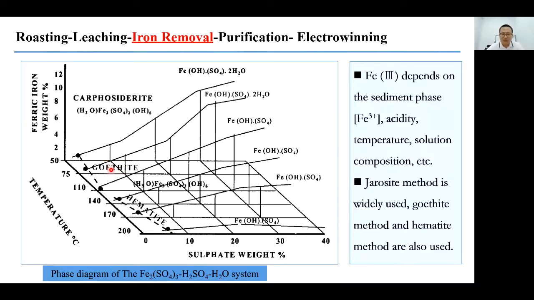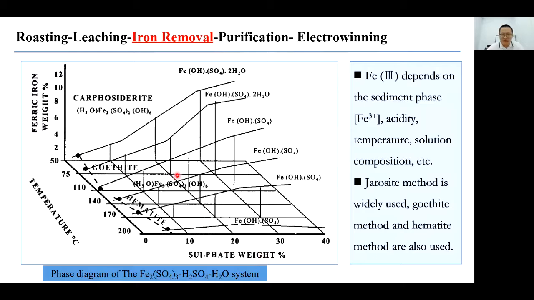And goethite is also popular in the world or in nature, but it can be processed or synthesized at atmospheric conditions, below 100 degrees C. And also, a very small amount of ferric iron should be available in the system, and the sulfuric acid concentration should be controlled.